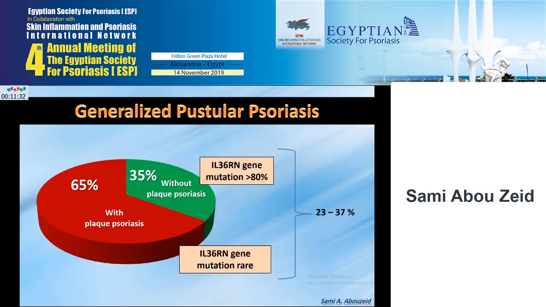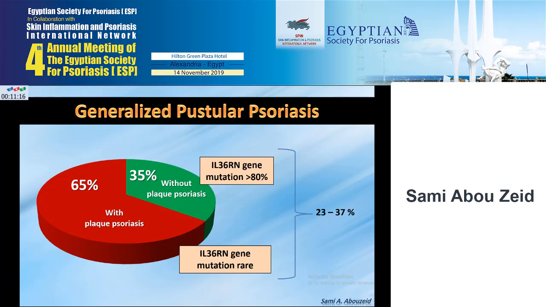Now, if we look at this diagram, of these cases of pustular psoriasis, in 65% they are associated with plaque psoriasis, and in 35% without plaque psoriasis.